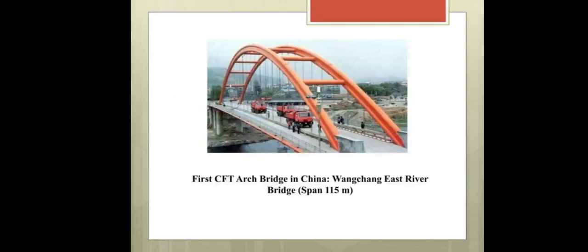The CFST is mainly used in China, and one of its examples is Wangchang East River Bridge. As we can see in the photo, CFST tubes in the form of arches have been provided in the bridge.